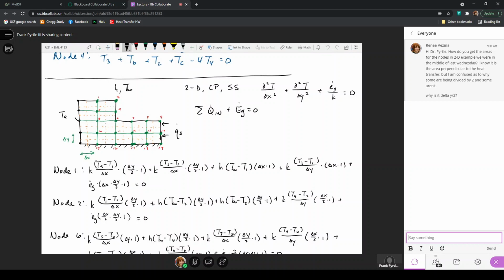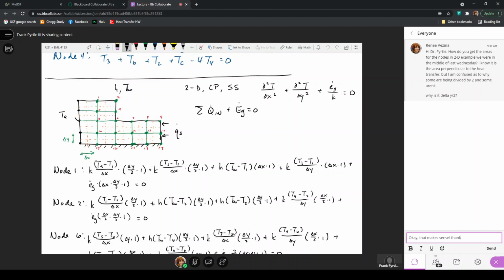All of the nodes that fall on a boundary, none of those will have an area that's a delta x by delta y. They are some fraction because they fall on the boundary. Node number 1 is only 1/2 of delta x by delta y because it's only a delta x wide and a delta y over 2 tall.